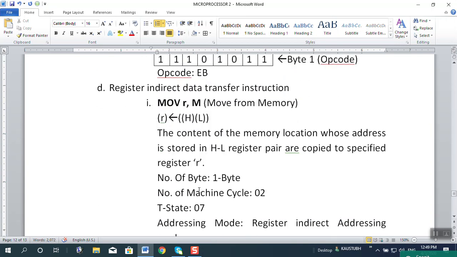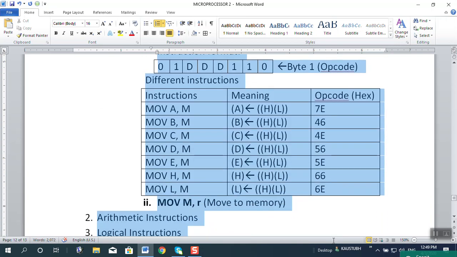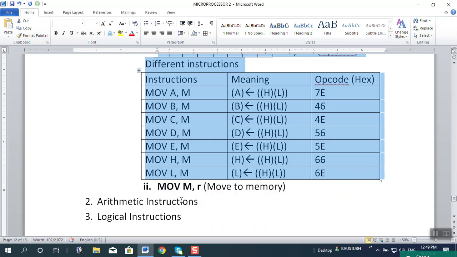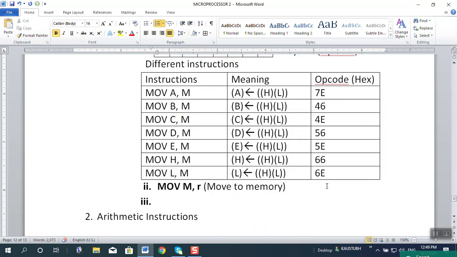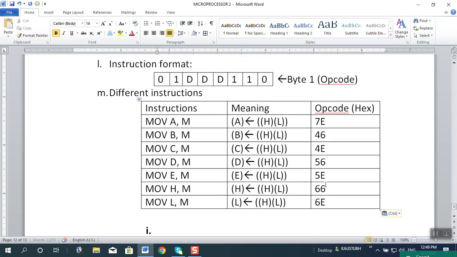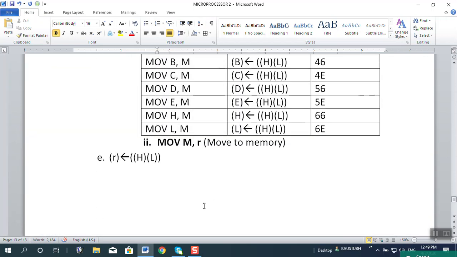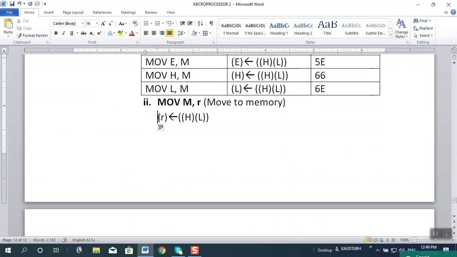Just the opposite one. So it is from that specified R, the data will be copied to the memory location whose address is in HL register pair.